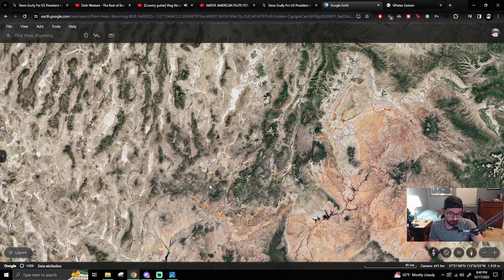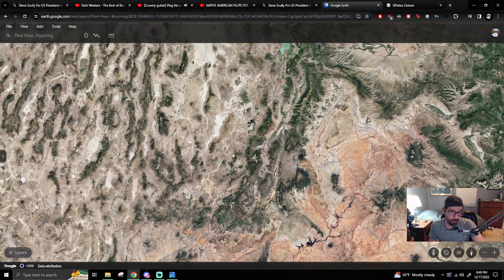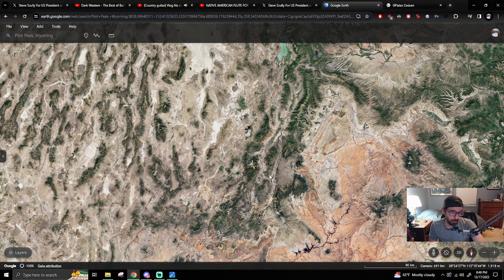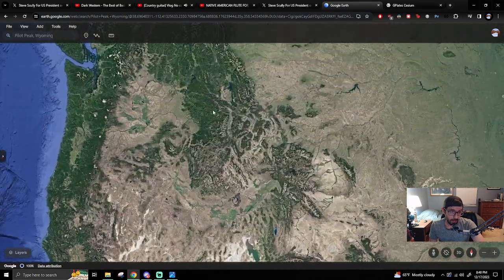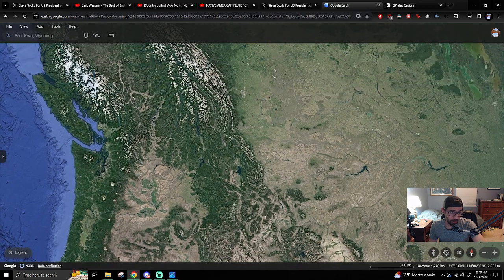Pinching out that way, where then the current from up here starts to get stronger because this is pinching, and so it's getting more velocity.